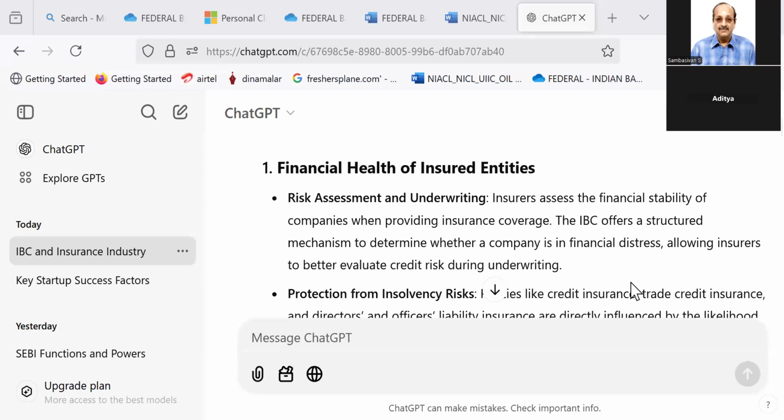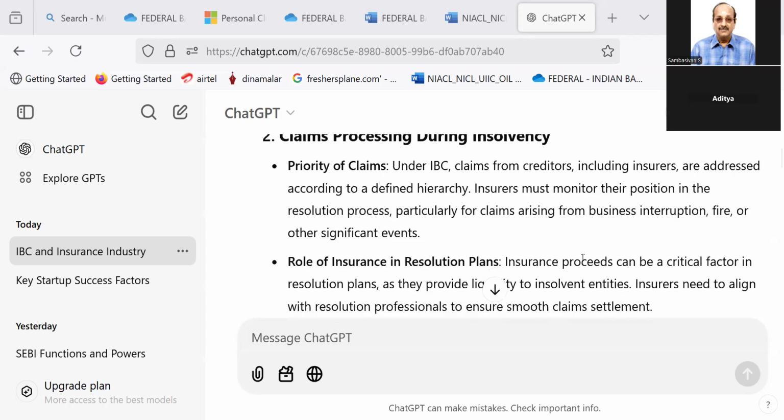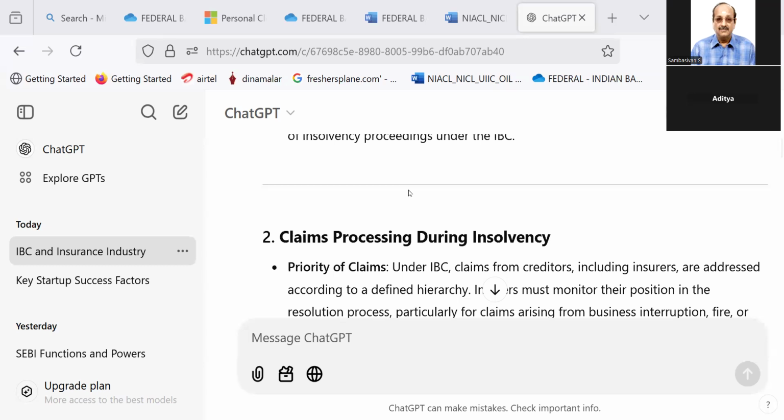The IBC offers a structured mechanism to determine whether a company is in financial distress, allowing insurers to better evaluate credit risk during underwriting. Protection from insolvency risks: policies like credit insurance, trade credit insurance, and directors and officers liability insurance are directly influenced by the likelihood of insolvency proceedings under the IBC. Claims processing.